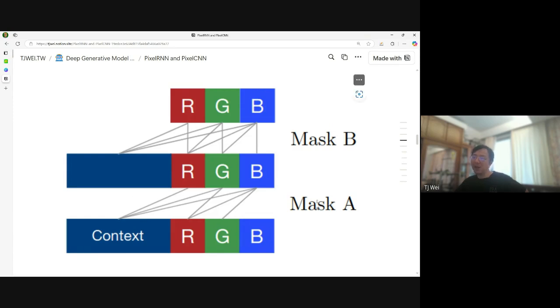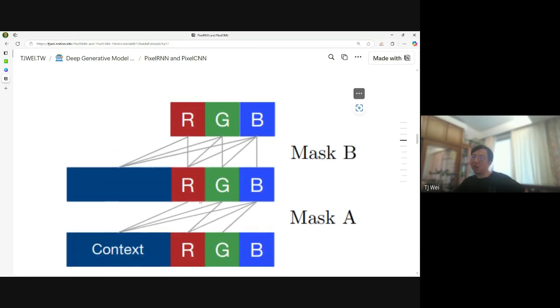So you do not need to worry about mask A and mask B yet, because they will be used in PixelCNN later, and masks are also used when training things like GPT. This graph is only an illustration that we need to consider the different RGB channels. Even within each pixel, the different channels need an order. This order is arbitrary, but you have to have one.